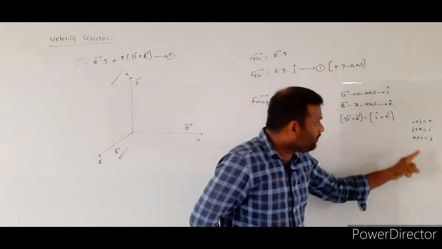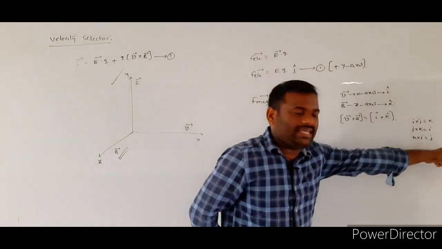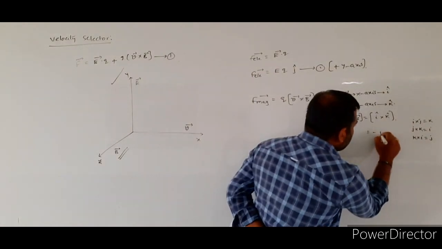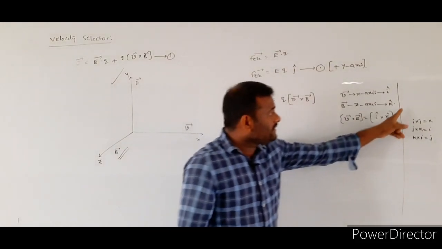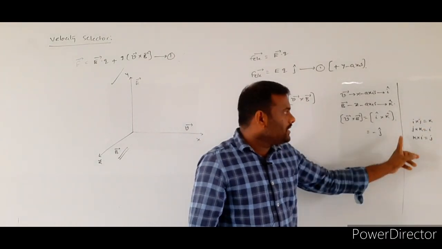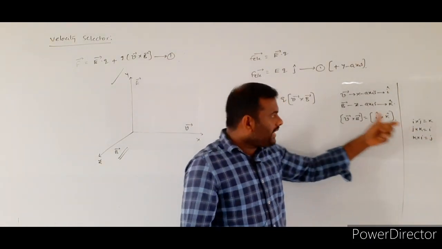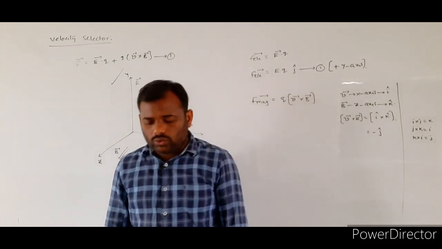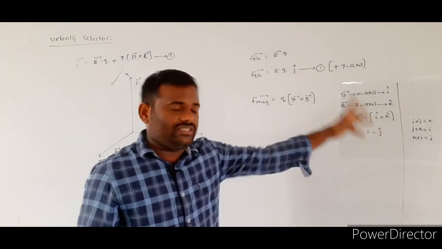Since K cap cross I cap is equal to plus J, I cap cross K cap is equal to minus J cap. This is the basics of the cross product.